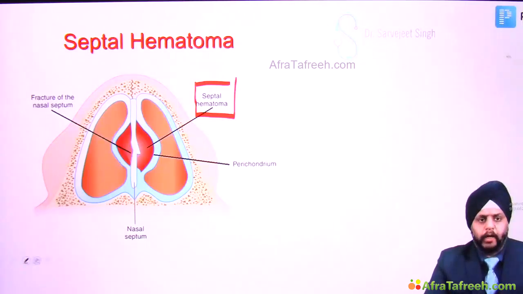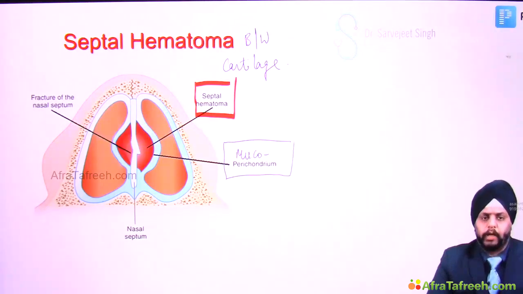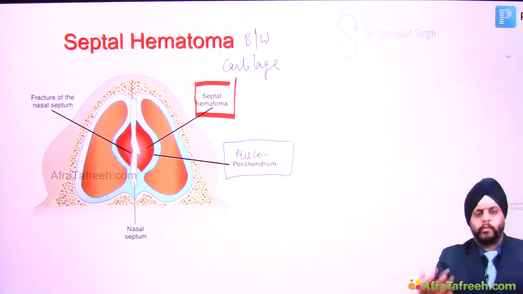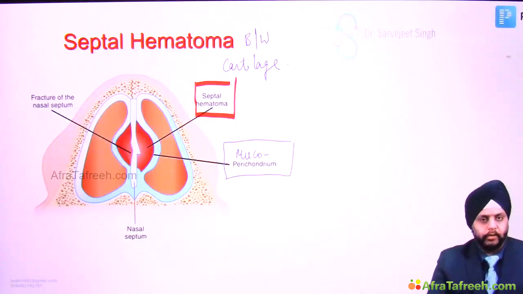So what is septal hematoma? There is collection of blood between the cartilage and its mucoperichondrium. We call it mucoperichondrium because it is mucosa plus perichondrium. Now, the most common cause we have just studied is trauma, blunt injury.